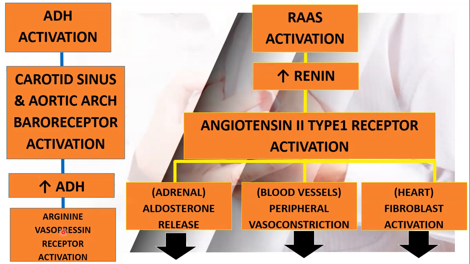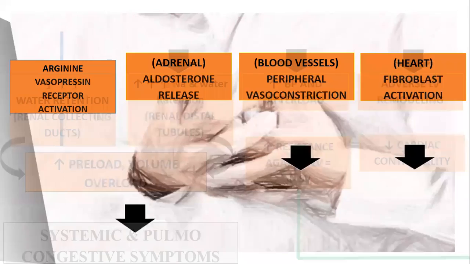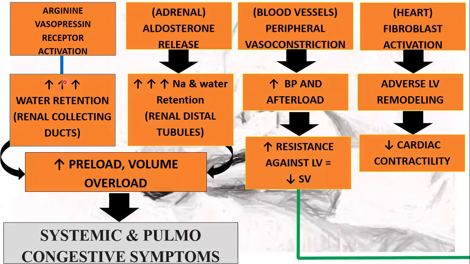So continuing the ADH activation, it would lead to an increase in water retention from the renal collecting ducts, leading to increased preload and volume overload. This would be further aggravated by the aldosterone released from the adrenal glands, which could trigger the increase in sodium and water retention in the renal distal tubules, aggravating the volume overload.